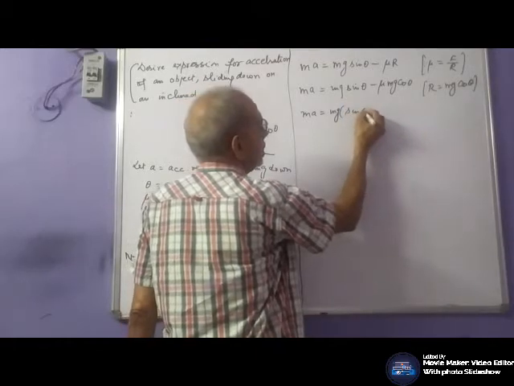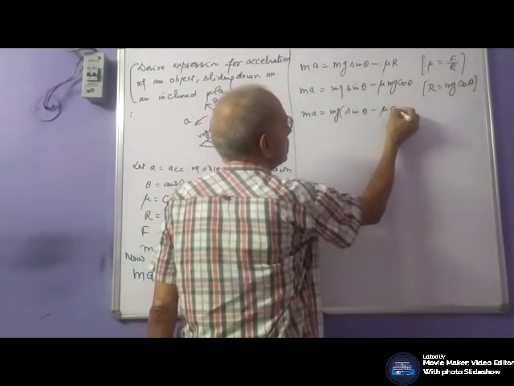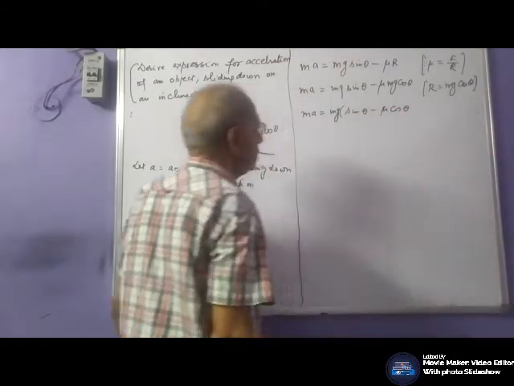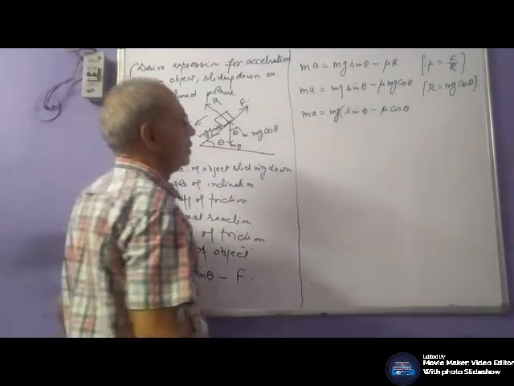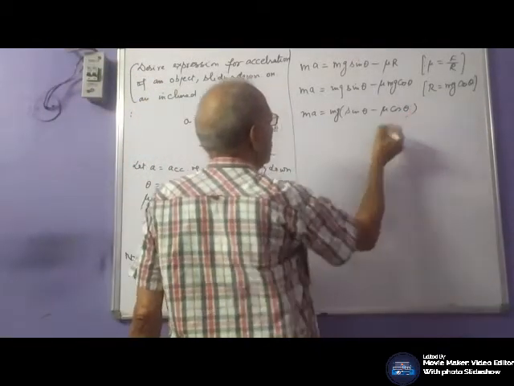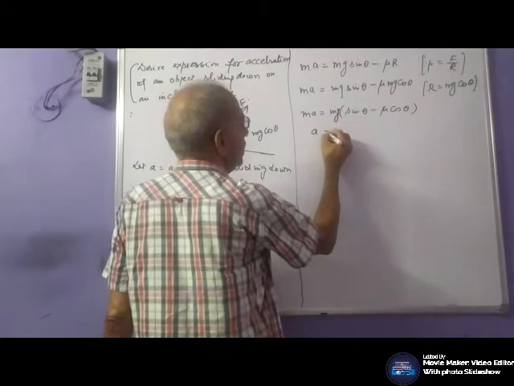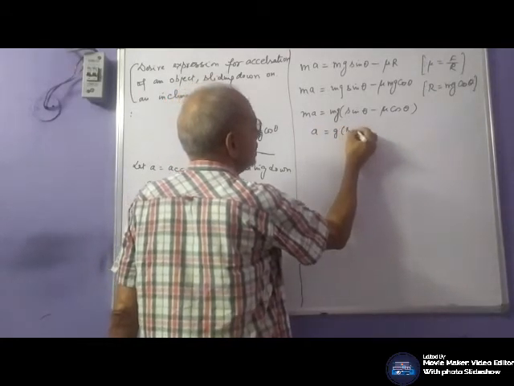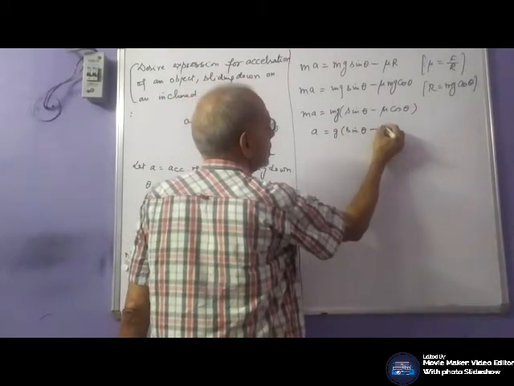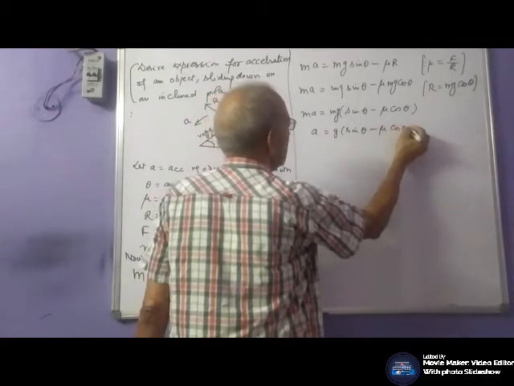Sin theta minus mu cos theta. m goes with m. a is g sin theta minus mu cos theta.